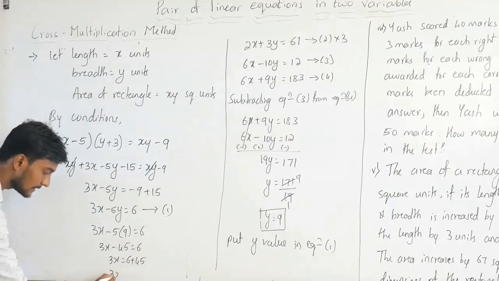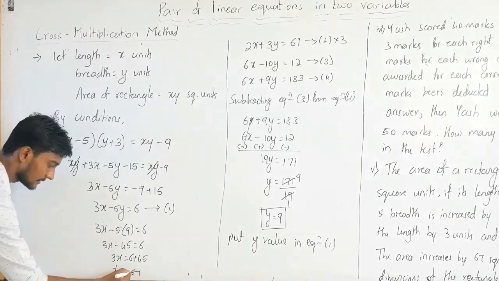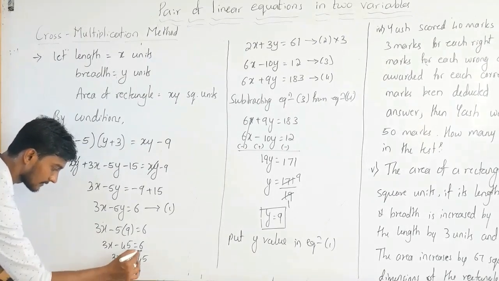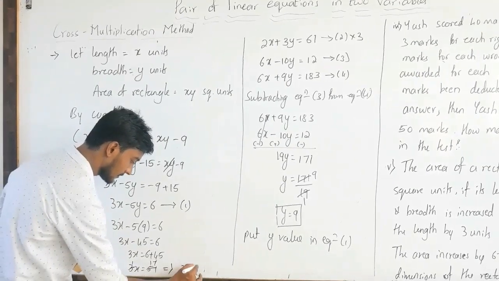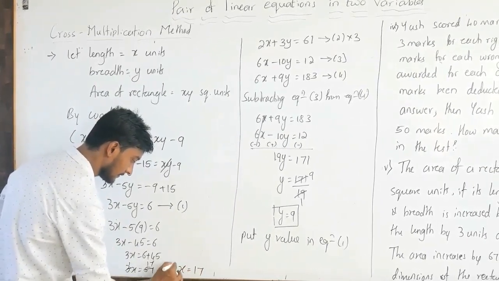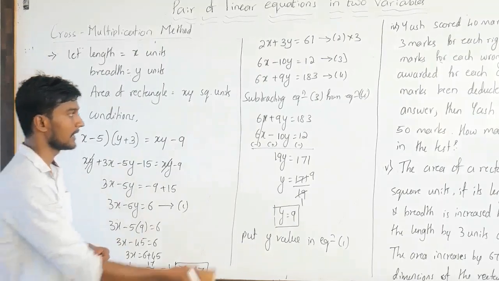So 3x is equal to 51. 3 17s are 51, which implies x is equal to 17. So x value is 17 and y value is 9.